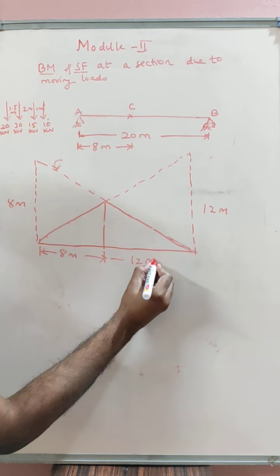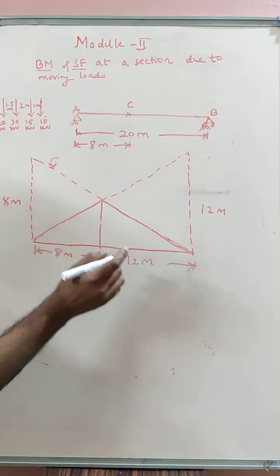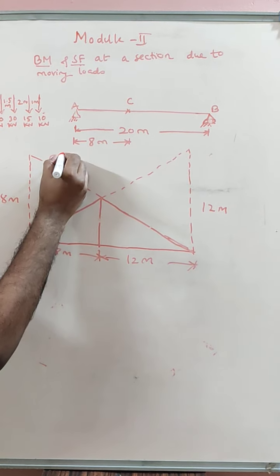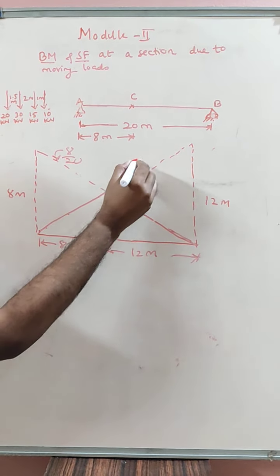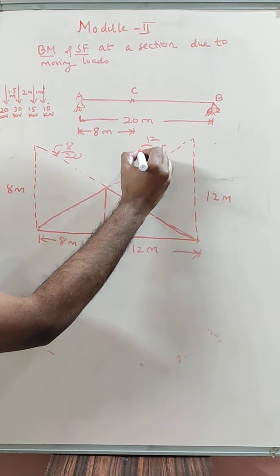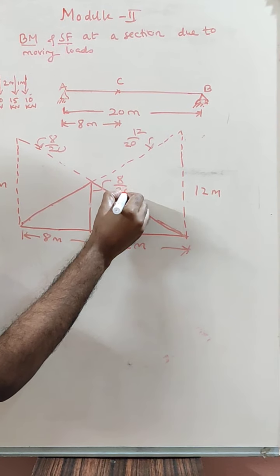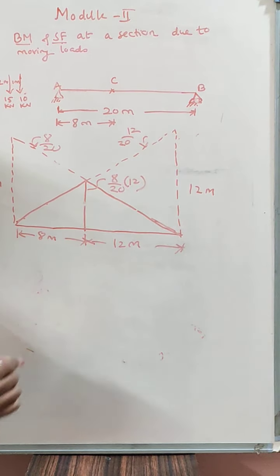This is 12 meters. There is no confusion as such. The slope of this line is 8 upon 20. Slope of this line is 12 upon 20. This is 8 by 20 into 12 or 12 by 20 into 8.